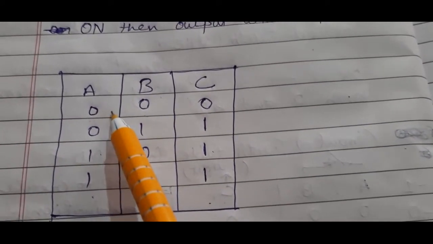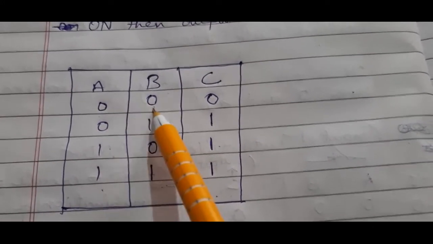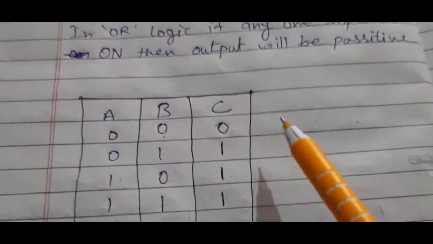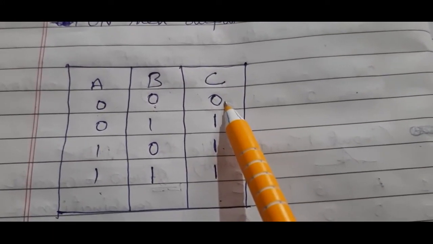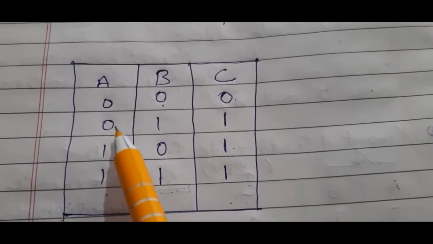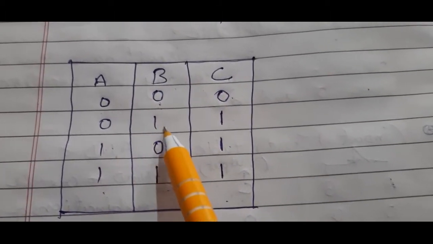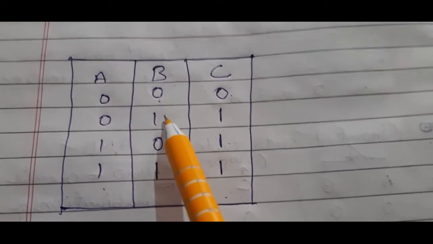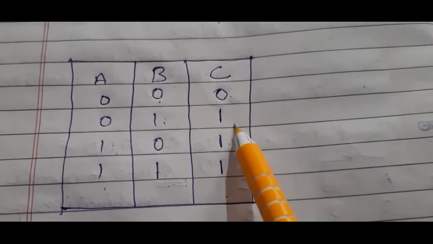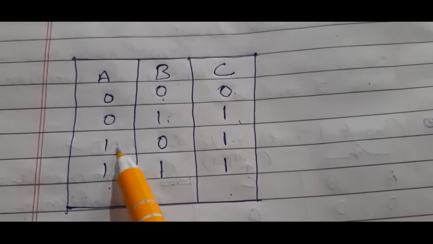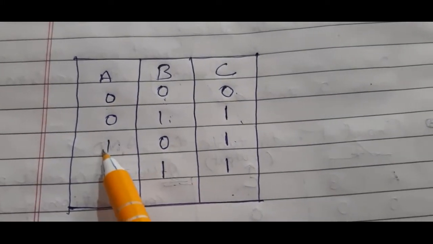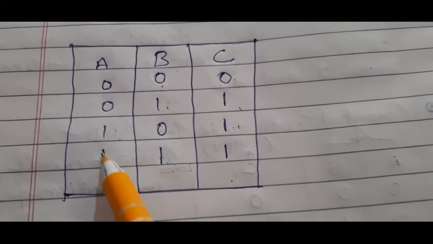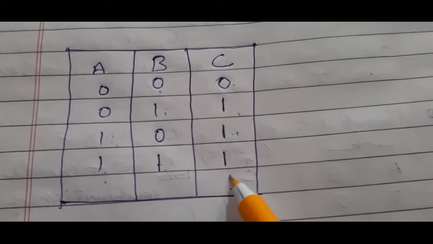You can see the first combination is 0 and 0, means no one is on, so the output will be negative, means 0. But in the second, one is off but another is on, means one positive is here. So if any one is positive, the output will be positive. The same here, in these 2 inputs, one is positive, so definitely the output will be positive. And in the last, both are on, means definitely it will be positive.